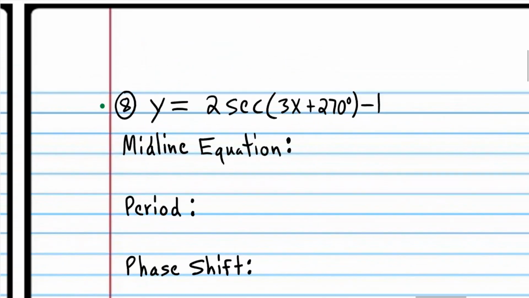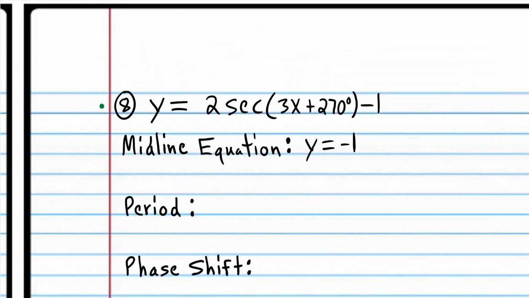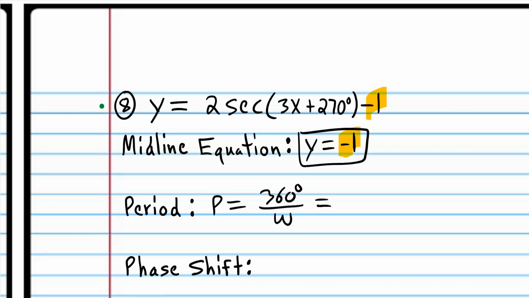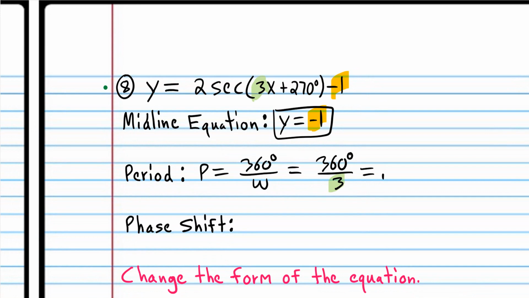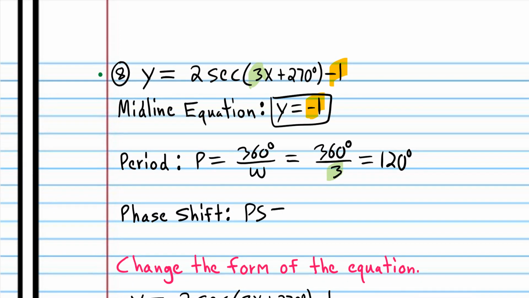Okay, we're back. So the equation of the midline is y equals negative 1. And of course that came from there. The period is the normal period of the cosine, sine, cosecant, or secant function divided by omega. Omega changes the period. Omega is 3. How do I know it's 3? Well, that number came from there. So the new period is 120 degrees. The phase shift is equal to phi divided by omega.